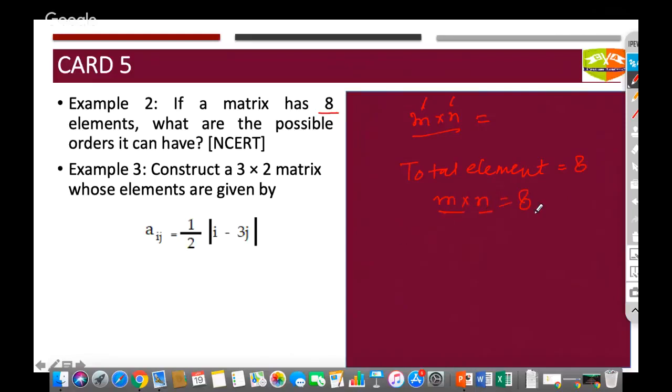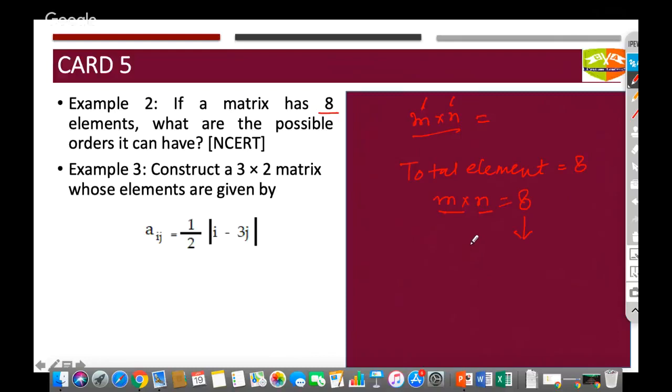So I'm breaking 8 into two parts, trying to find two numbers whose multiplication can be represented as 8.